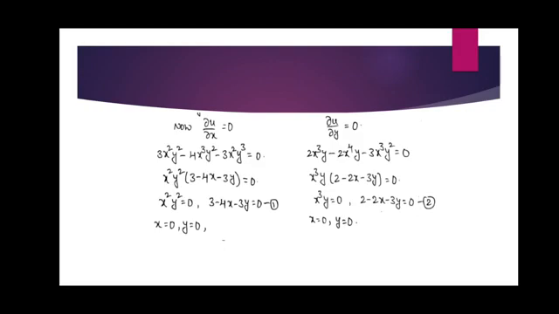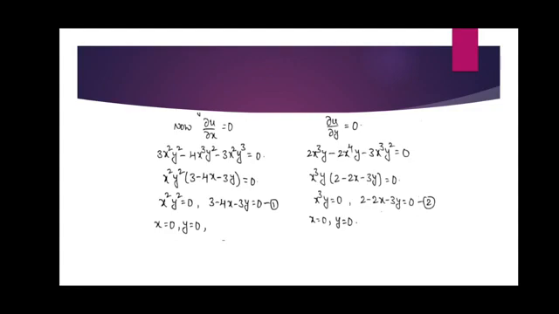So either x square y square equal to 0, or 3 minus 4x minus 3y is equal to 0. Just take it as equation 1. Now if x square y square equal to 0, that means x is equal to 0 and y is equal to 0.